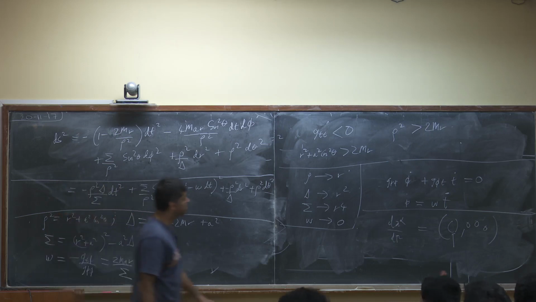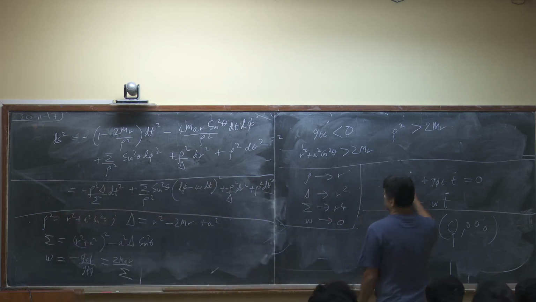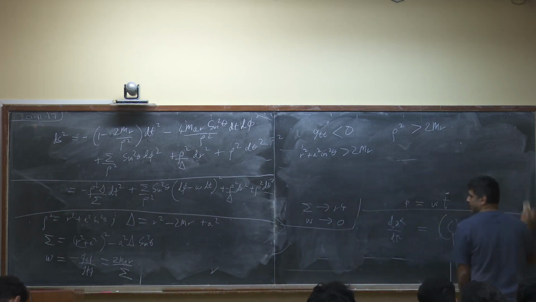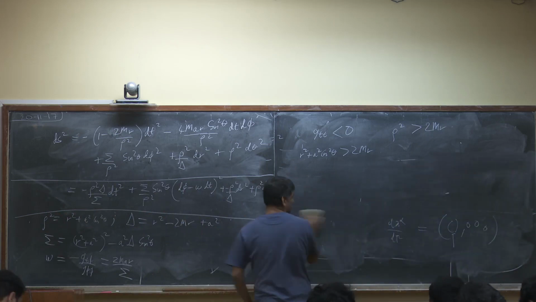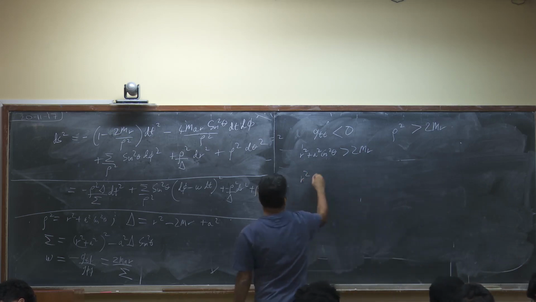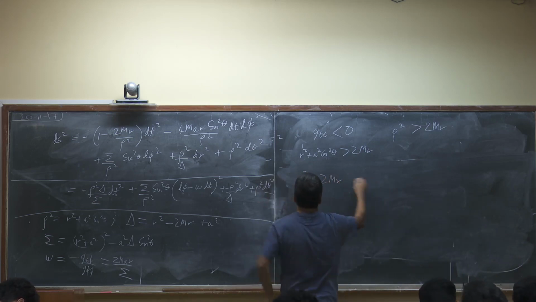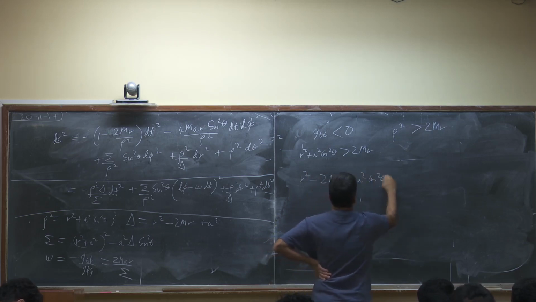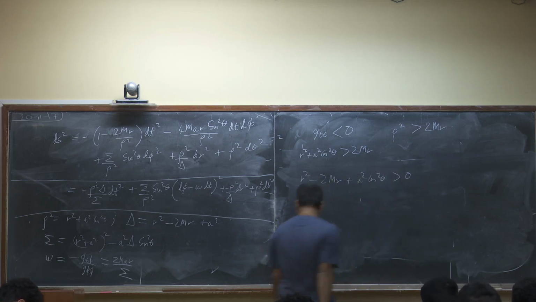There are certain regions of theta. Let's figure those out. Let's stay at constant theta and look in r. Imagine we're doing that. So we want to solve this equation for r. So we have r squared minus 2mr plus a squared cos squared theta is greater than 0.